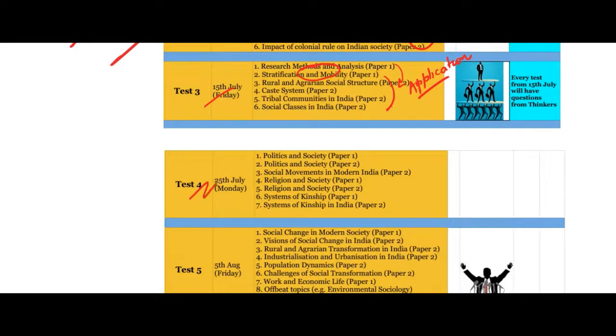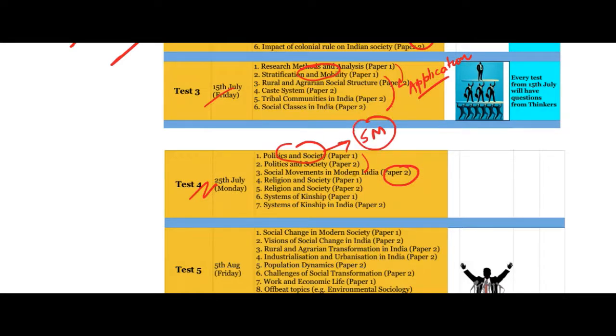Coming to the fourth sectional test, it deals with politics and society, both paper 1 and paper 2. And then we have social movements of paper 2, because in politics and society of paper 1 itself, you will read social movements.